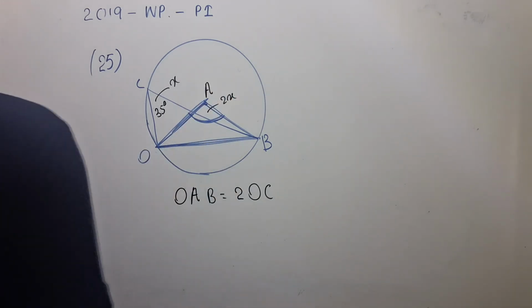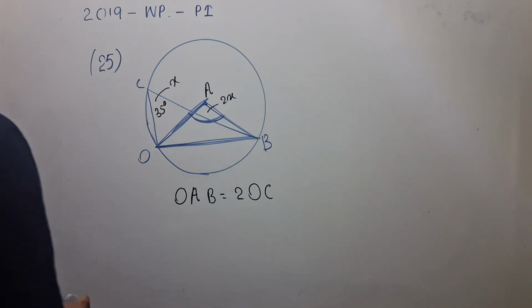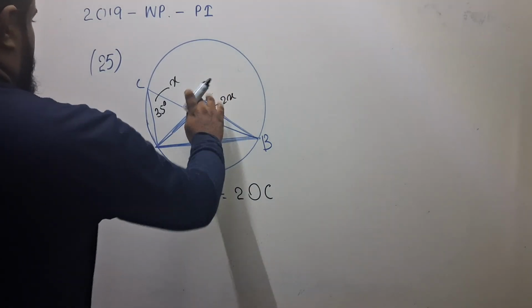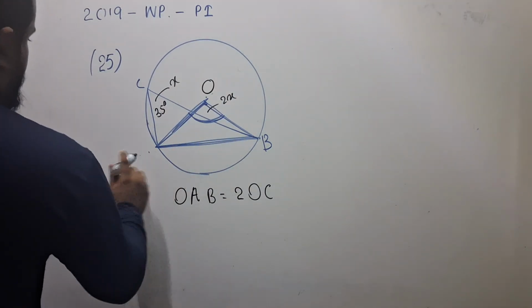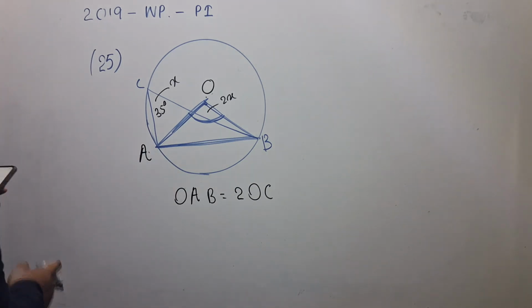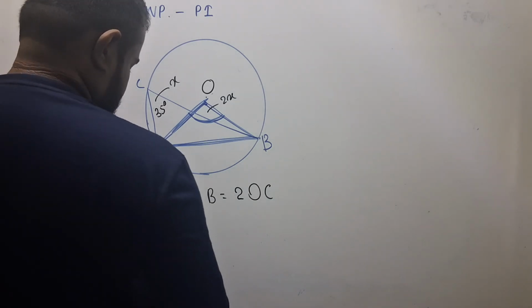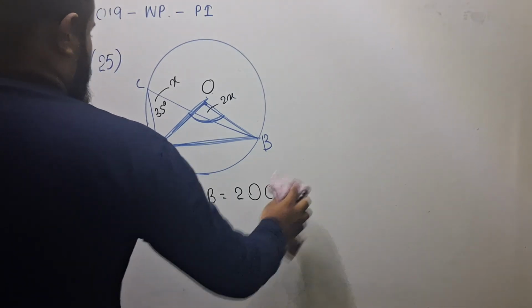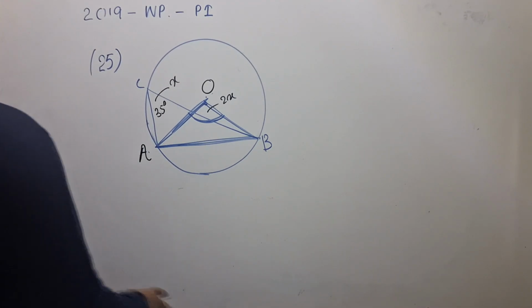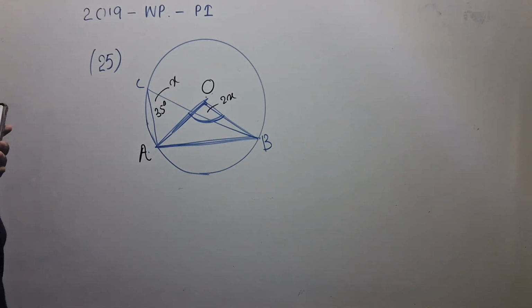Oh no, I have made a mistake. This is O. This is A. They are asking about OAB, not AOB. Okay. So you can't write 2 OCB. This is incorrect.